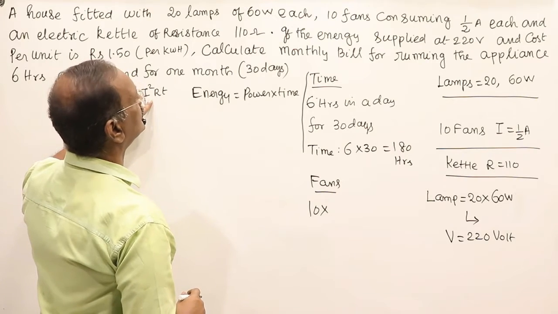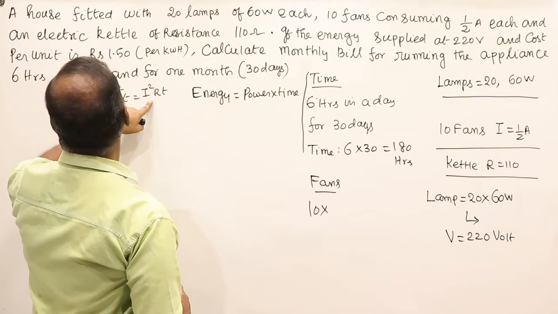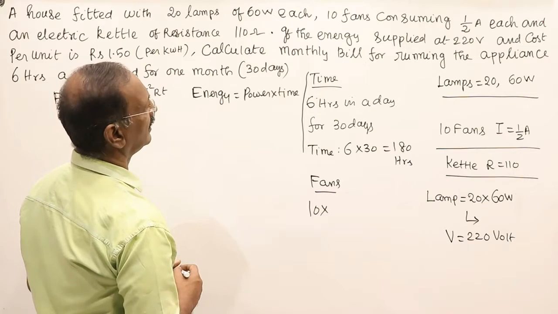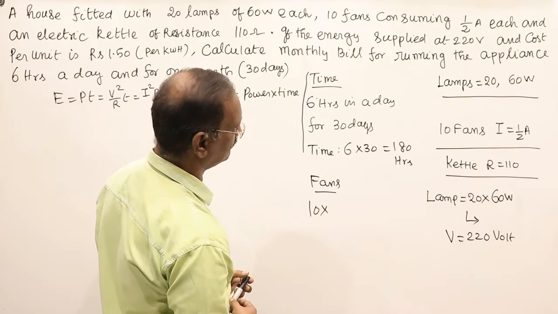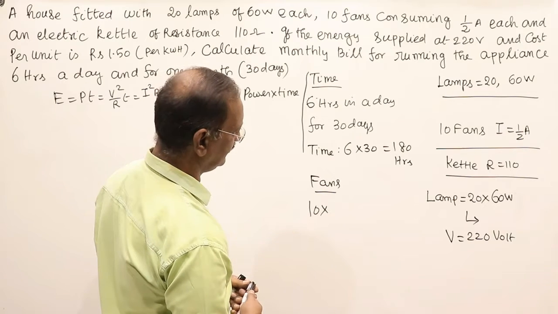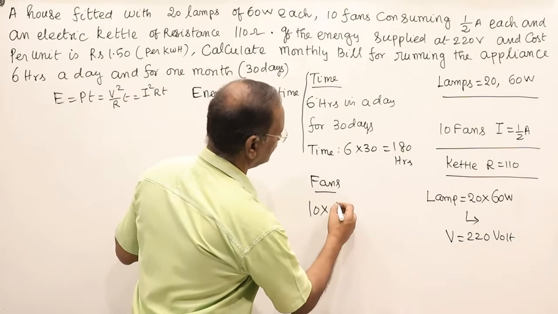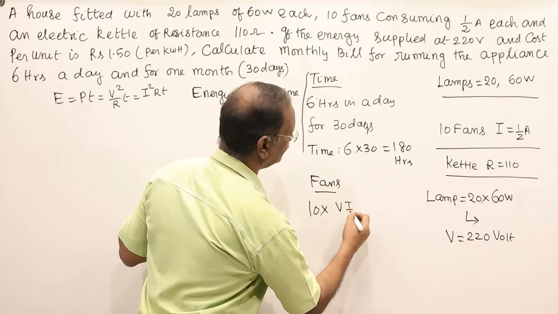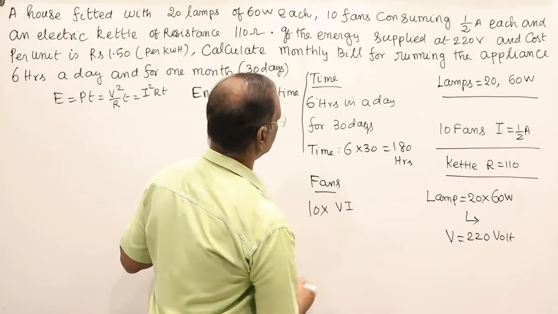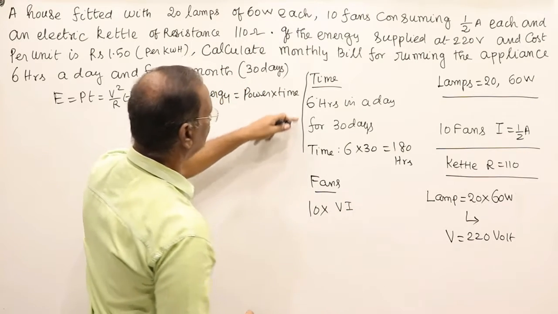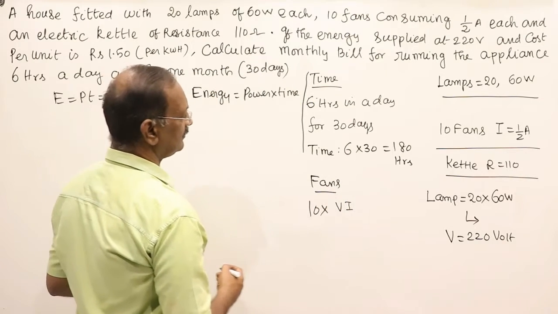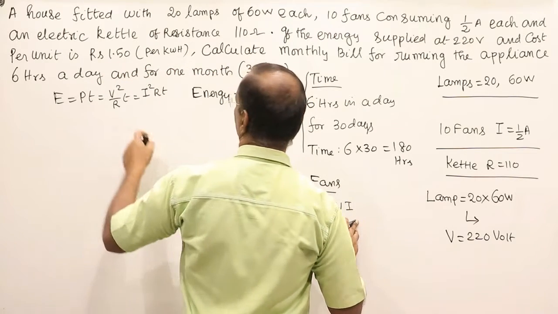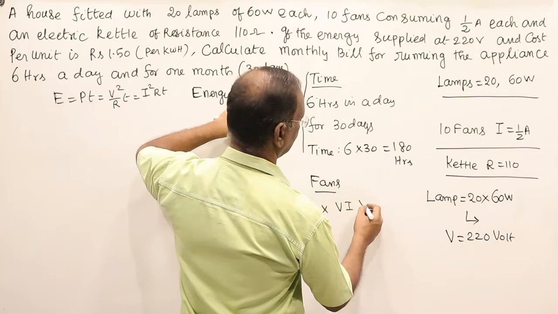For the fan, it is 10 in number, and we can calculate power as V into I, and energy is power into time.